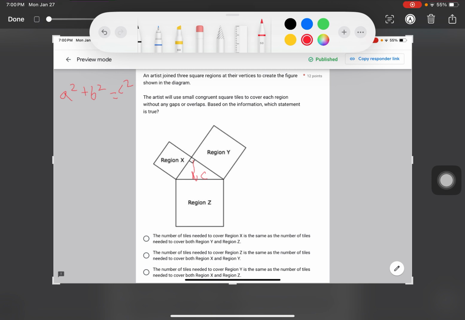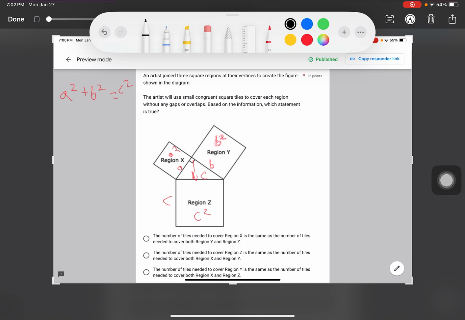If you have squares on the legs and the hypotenuse, the biggest one has an area of c squared, because c times c gives you c squared. The legs are a and b, so the areas of region X and Y are a squared and b squared.